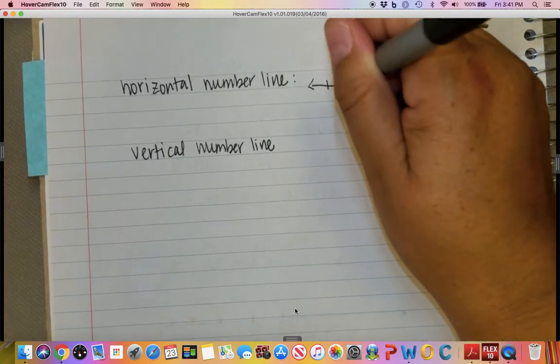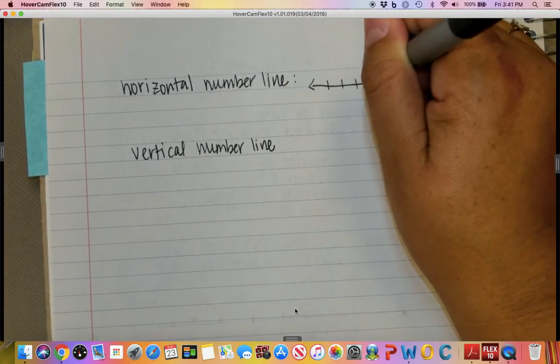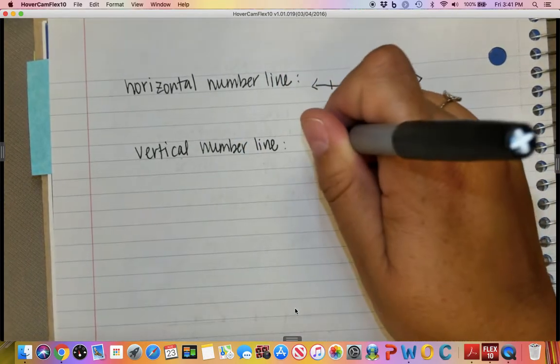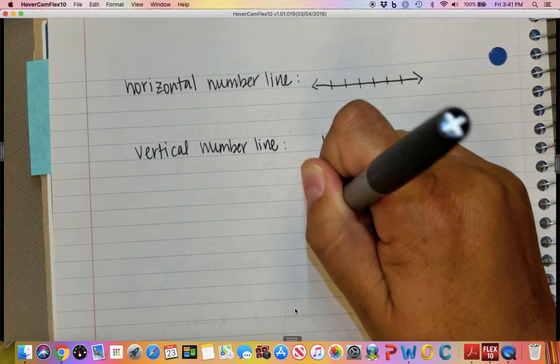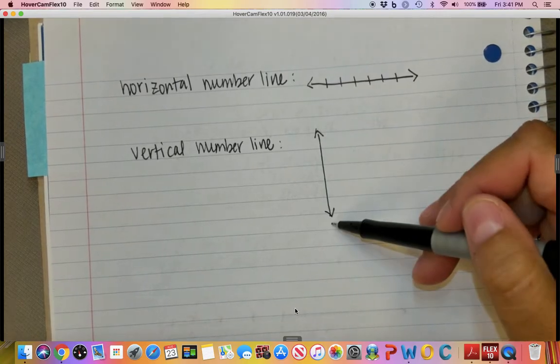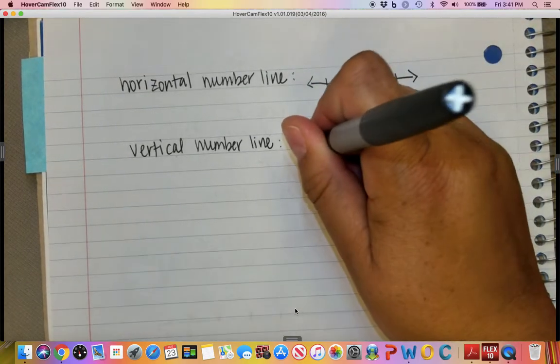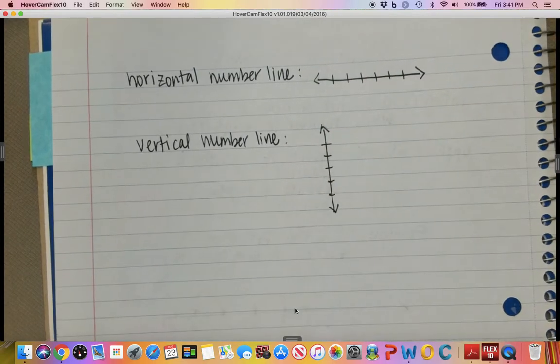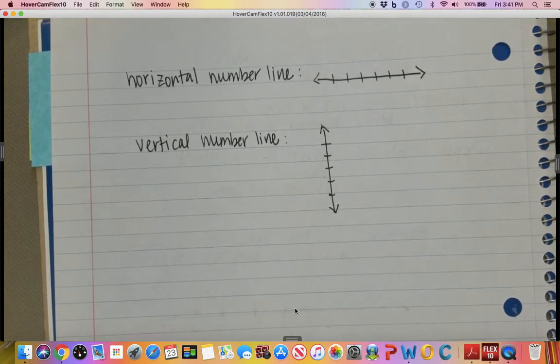We use increments or intervals to show. A vertical number line goes from top to bottom and also shows numbers on a number line. Eventually those two are going to cross and we're going to have a grid, but not quite yet.